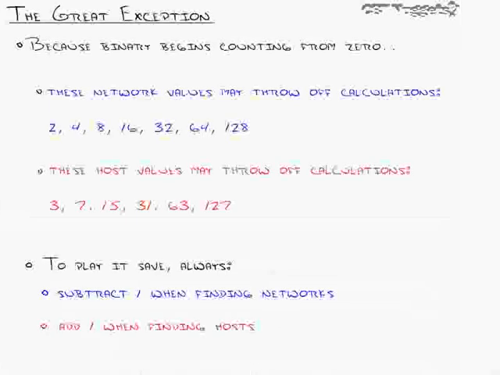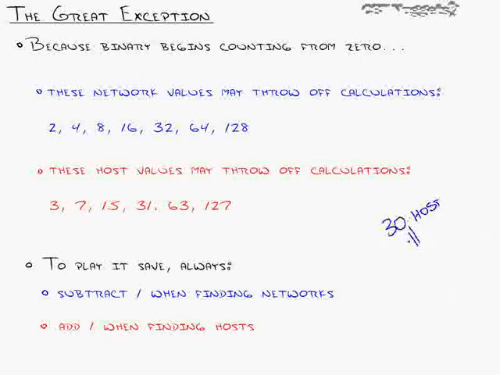At this point, you've probably seen enough examples to get a feel for how the process of subnetting works. When I say we've got 30 hosts per network, and I say our first step is to break that into binary, the reason I'm converting 30 to binary is because I want to know just how many hosts per network I'm going to need.